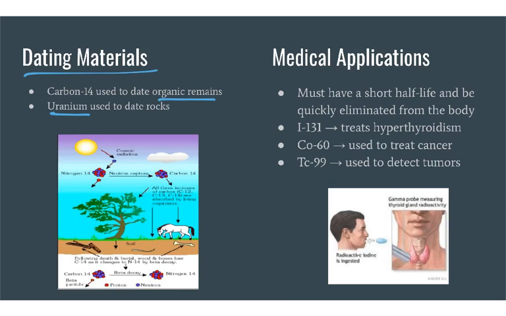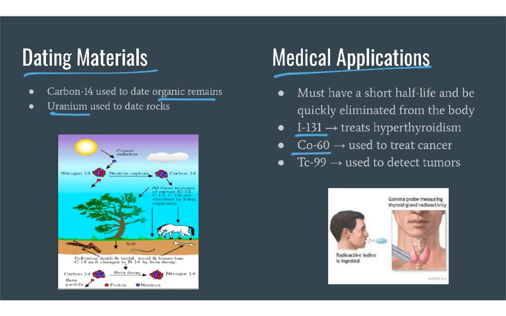It seems odd because radiation and radioactivity can often lead to medical problems, but they can also be used in treating and diagnosing medical conditions. So for our medical applications, we choose radioactive materials that have a very short half-life and that the body can expel very quickly. So iodine-131 we use to treat hypothyroidism or any kind of thyroid condition.